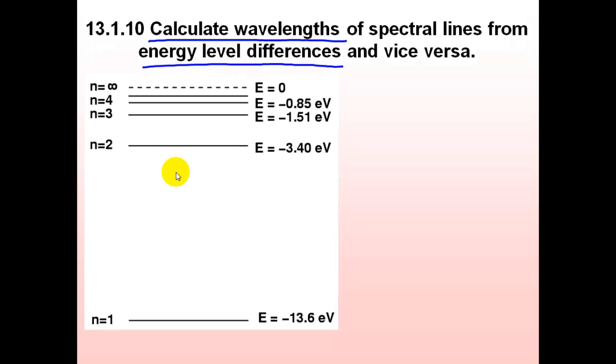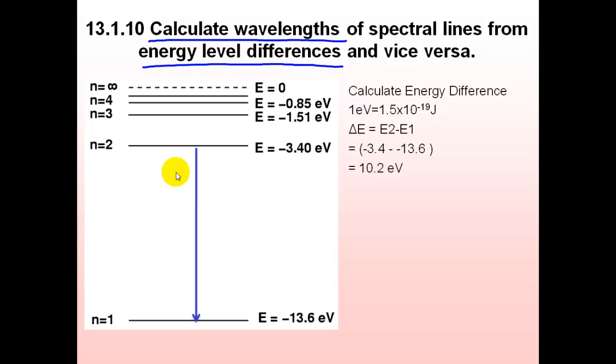Okay, so you need to be able to calculate wavelengths of spectral lines from the energy level differences and vice versa. So let's look at an example of this. We have an electron that goes from the n equals 2 line to the n equals 1. What is the energy difference? From negative 3.40 to negative 13.6. First of all, we must calculate the energy difference.